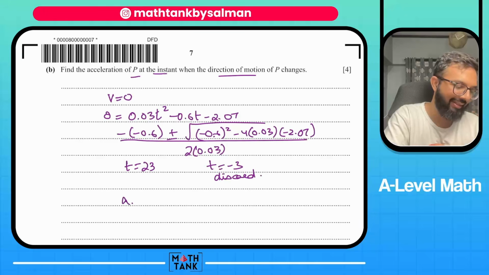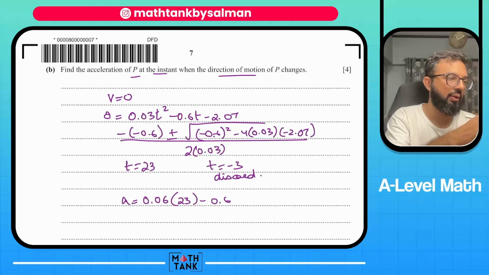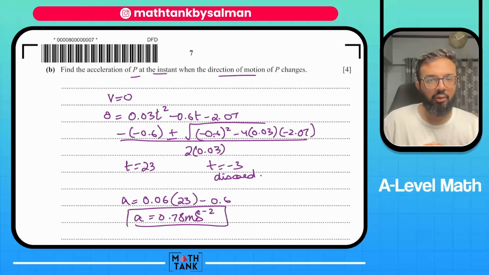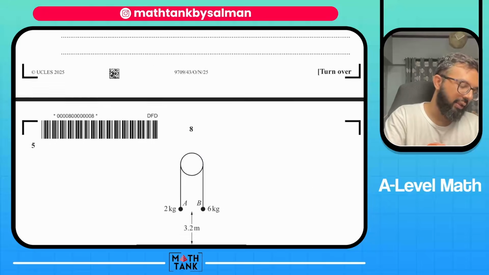I'm trying to find the acceleration. So it's going to be 0.06 into 23 minus 0.6, 0.78 meter per second square. Yes, that is the correct answer for this.